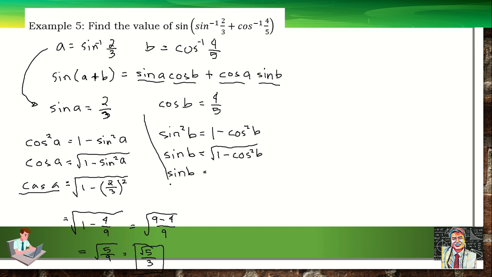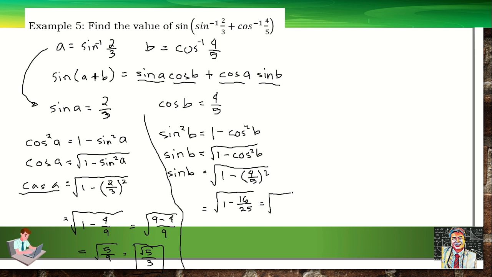Okay? Natin ang guhit to para hindi tayo malito. Okay? This is sine B is equal to square root of 1 minus 4 over 5 squared. Okay? So, perform natin yung operation. That is square root of 1 minus 4 squared is 16 over 25. Okay? Combine natin yan.